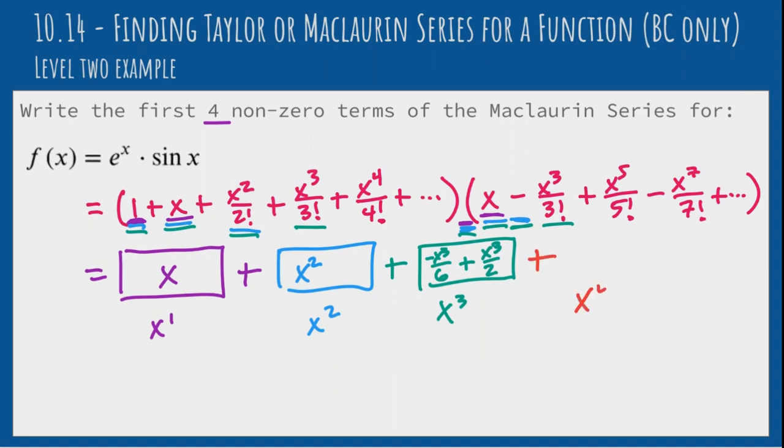So for that one more, we're looking for an x to the 4th term. So for x to the 4th, we can do x to the 0 times x to the 4th, nothing there. x to the first times x cubed, x to the second times x to the second, nothing there. x cubed times x.